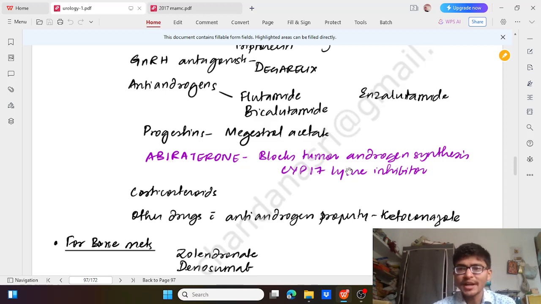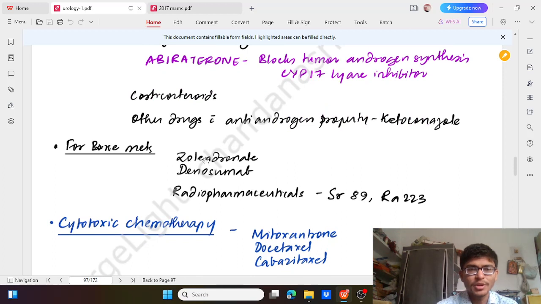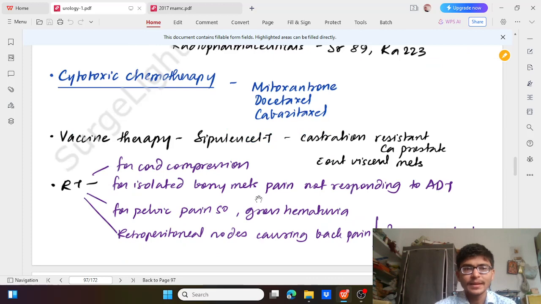Abiraterone blocks tumor androgen synthesis. It is a CYP17 lyase inhibitor. Others include corticosteroids and ketoconazole. For bony metastasis, we have zoledronate, denosumab, and radiopharmaceuticals like strontium-89 and radium-223. Then we have cytotoxic chemotherapy for palliation, that is mitoxantrone, docetaxel, and cabazitaxel.